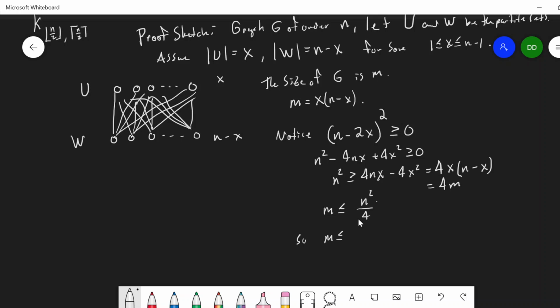So M is less than or equal to the floor of n squared over 4. And that's all for this one. It's just a little clever playing around with inequalities, and eventually it comes out that M is less than or equal to this.